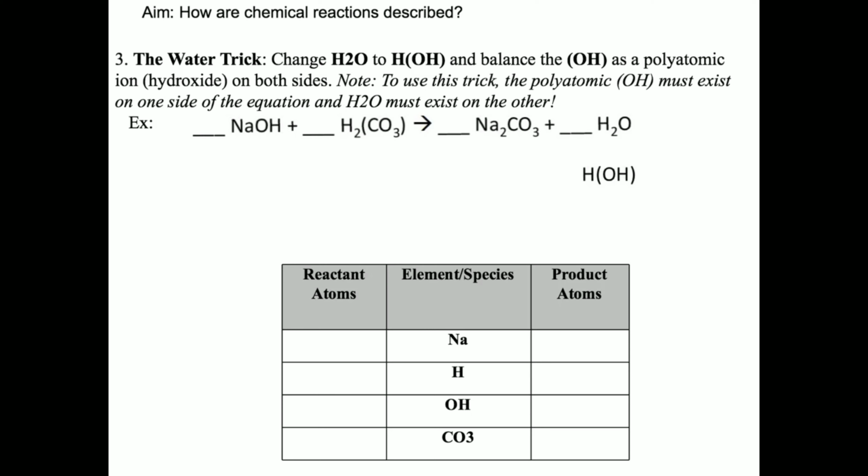So we can see that on the reactant side we have 1 sodium, and on the product side we have 2. On the reactant side we have 1 OH, and on the product side we're going to rewrite water as H and OH, so we also have 1 OH.